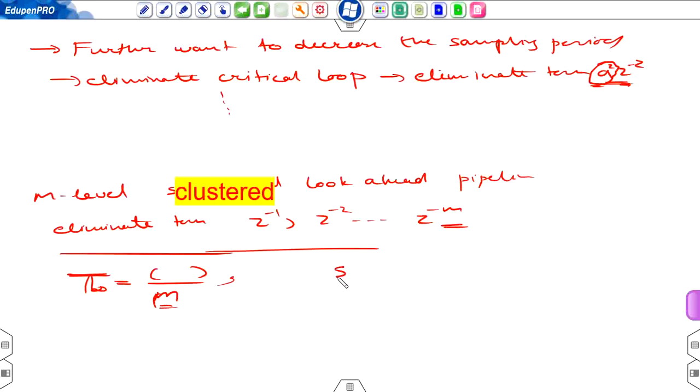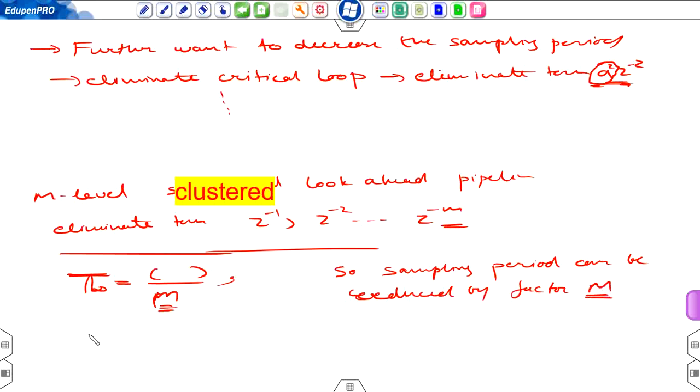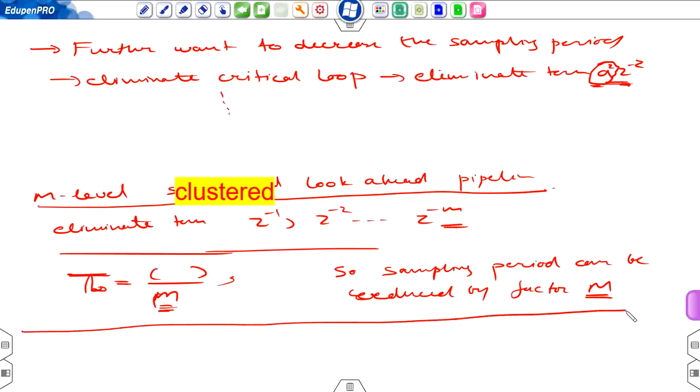So the sampling period can be reduced up to this point. Sampling period can be reduced by a factor m, and this is called m level clustered look ahead pipelining. Okay, so I will take an example to explain the whole process.